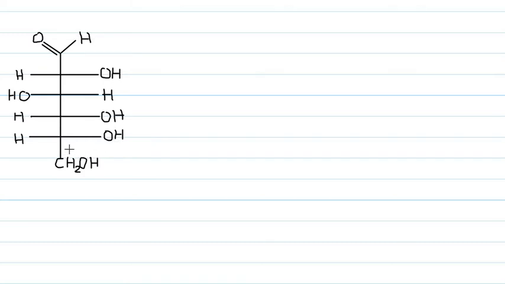So let's first name the carbons. Carbon number 1, 2, 3, 4, 5 and 6. So there are 6 carbons in D-glucose.